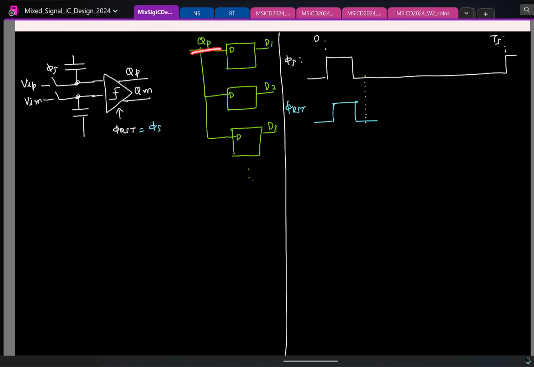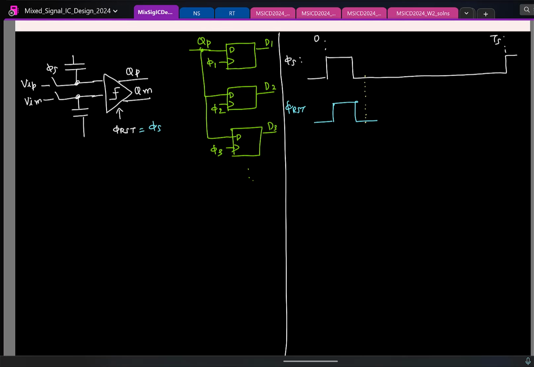Okay, so now I see that the same signal is connected as the D input for all the flip-flops. So how will I decide where am I storing the first bit, where am I storing the second bit, and so on? Remember, this needs to be clocked. Okay, so we'll give different clocks. Fine.